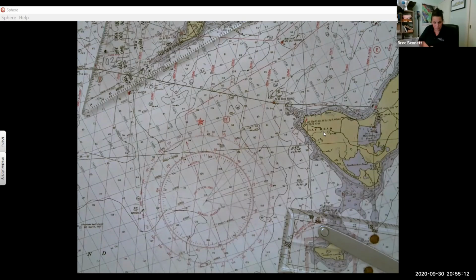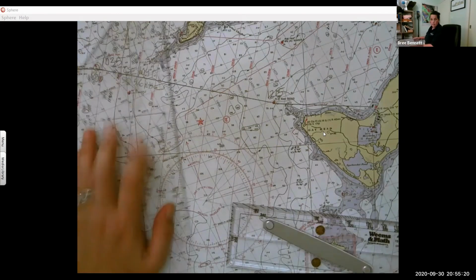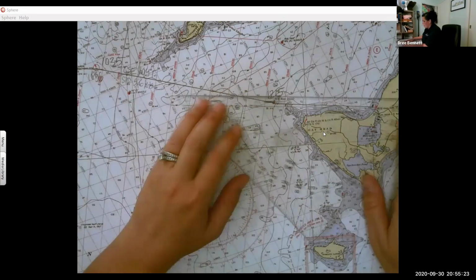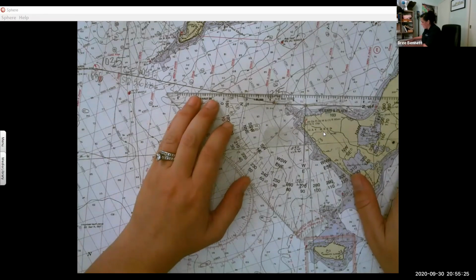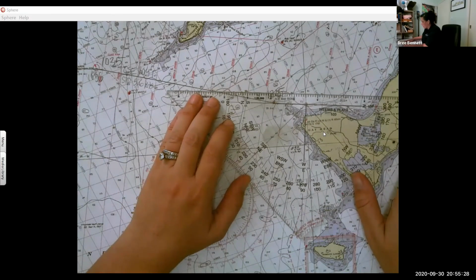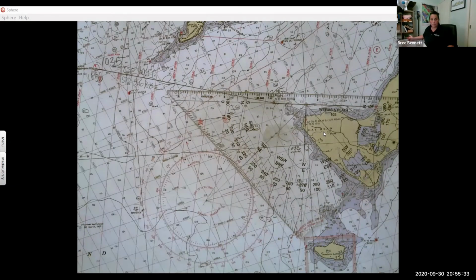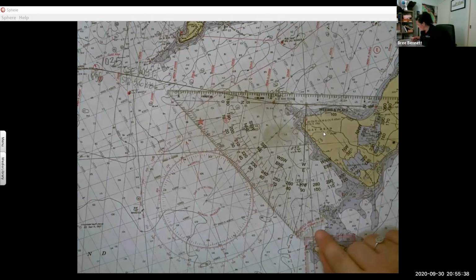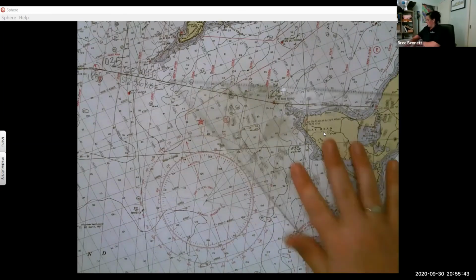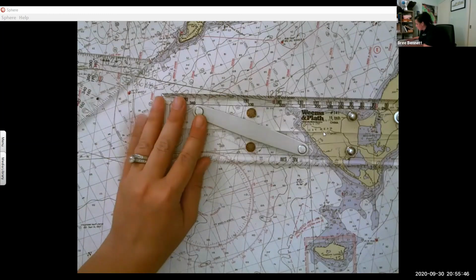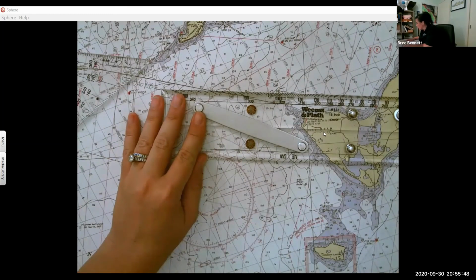So our first question is, what is the true course? So we have all of our nav tools again. Triangle, you just line up those 2 buoys and the focal point. I like the triangle because you don't actually have to slide it or move it anywhere. You can just read it. I have a course of 096. With your parallels, same thing, line up your 2 buoys.